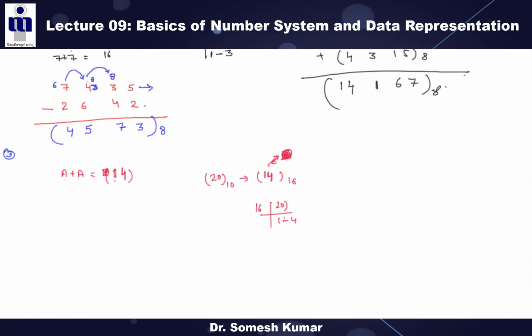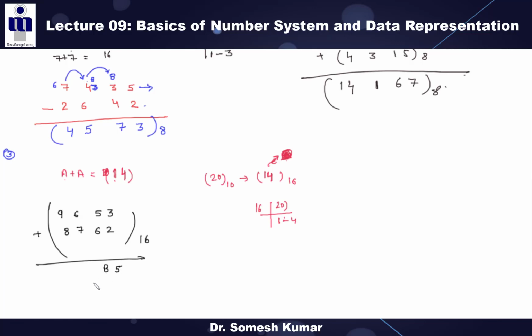So we can take some examples here. 9653, this is in the hexadecimal. Also 7 6, both are in the hexadecimal. So what is the solution? 3 plus 2 is 5. What is 5 plus 6?